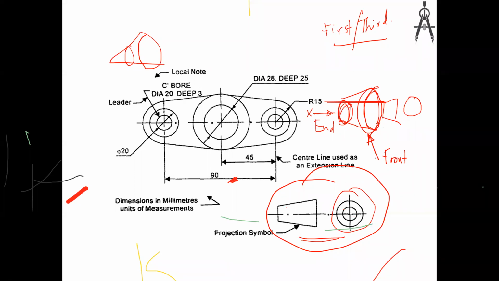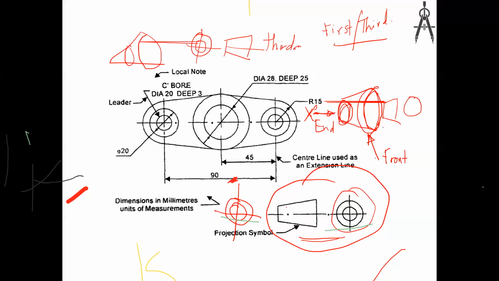For the third angle projection, if the direction X is here, your end view will be here, right? So that means small circle, big circle, and your front view. So this is for your third angle projection. This is your symbol.